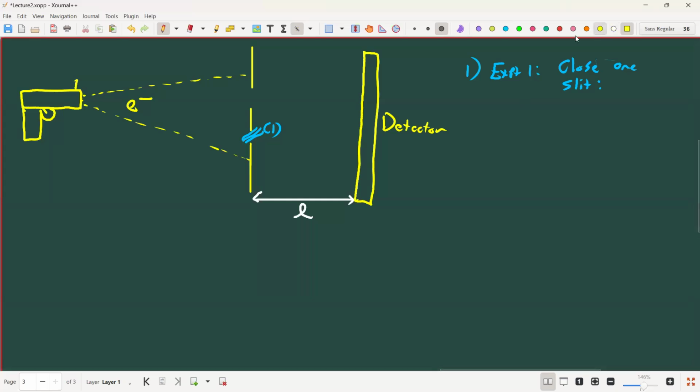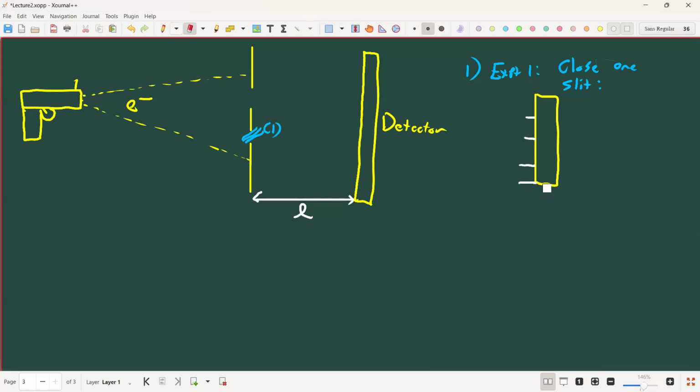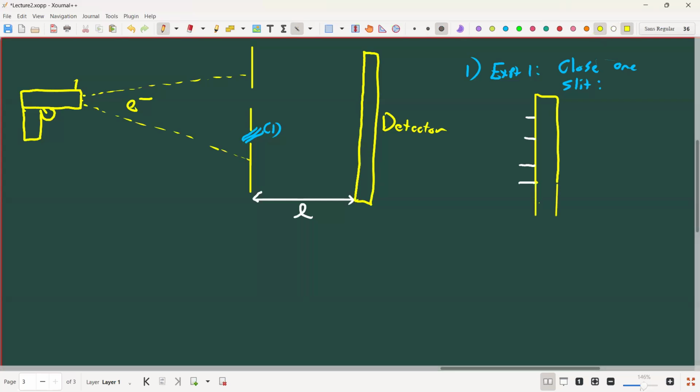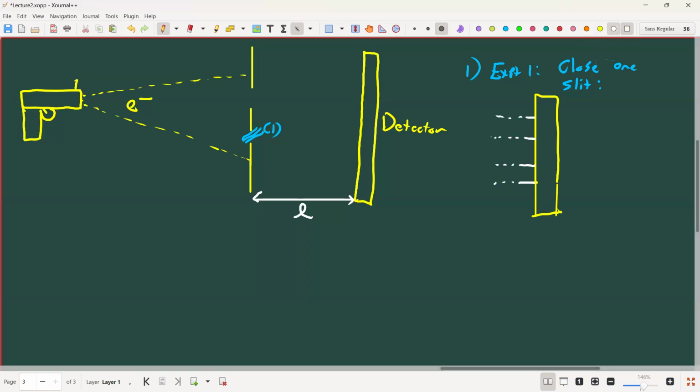Well, what I see on the detector is my detector output. Let me just mark where the slits are. So here's one slit, and here's the other slit. On the detector, I see literally electron bullets. I see a spread of electrons right around the first slit.